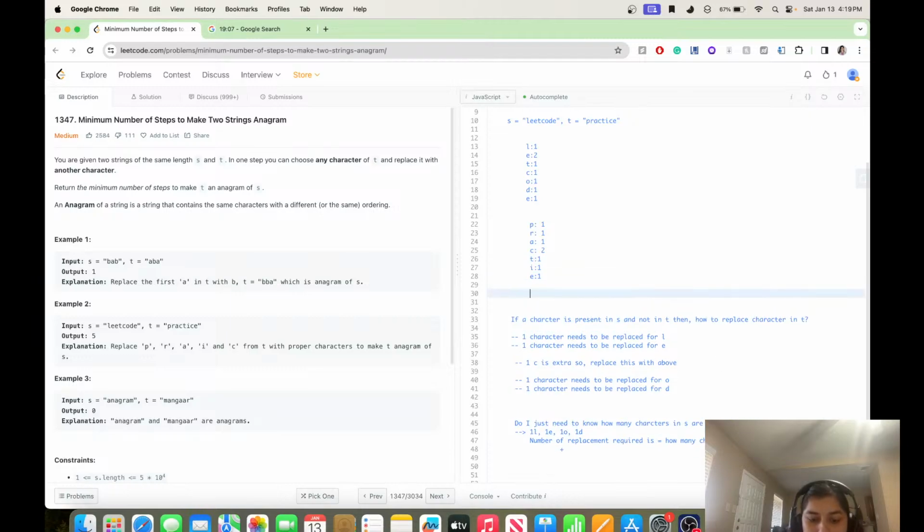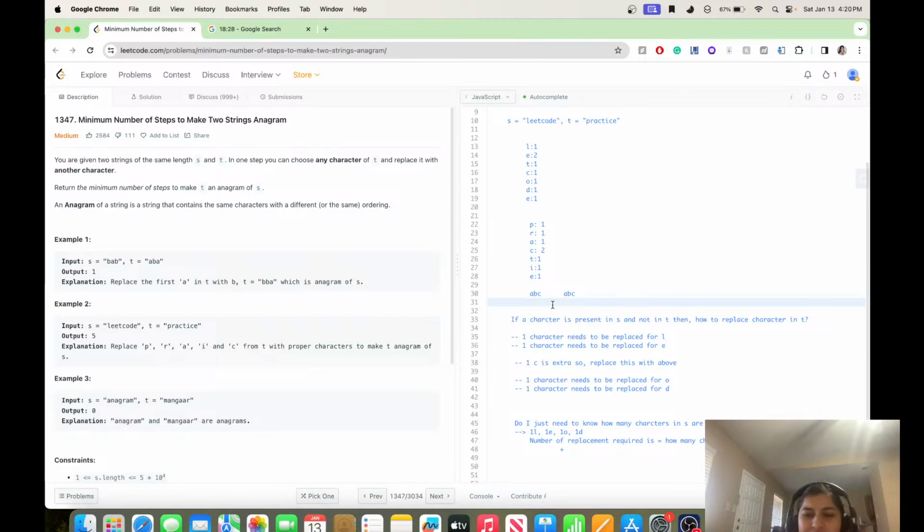because suppose there is ABC and then DEF, right? And then I know that, okay, since length is same, I replace this. But what if this is C and there is AB, and since there are two new letters here in S, I need to replace A and B because A and B are not here.